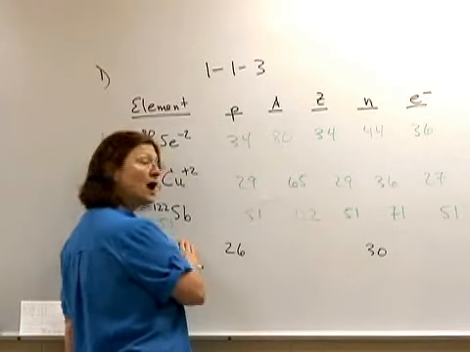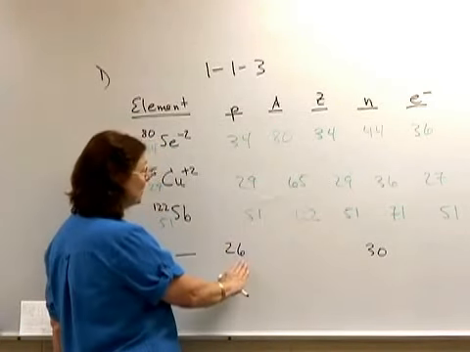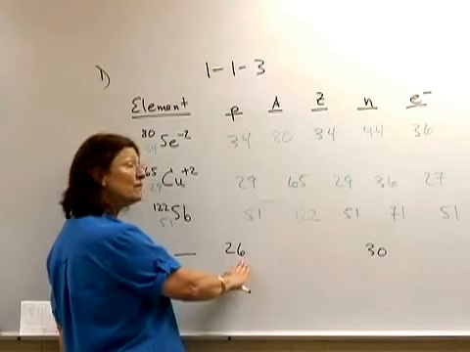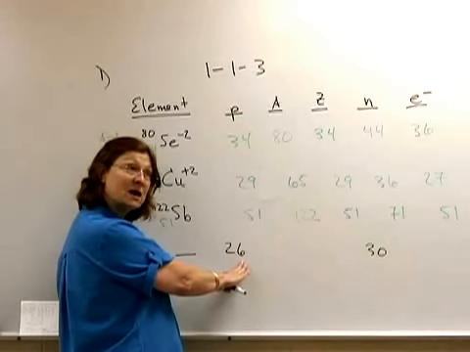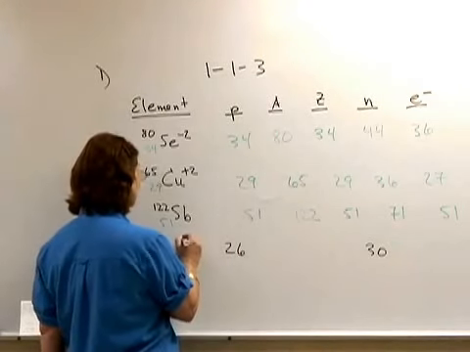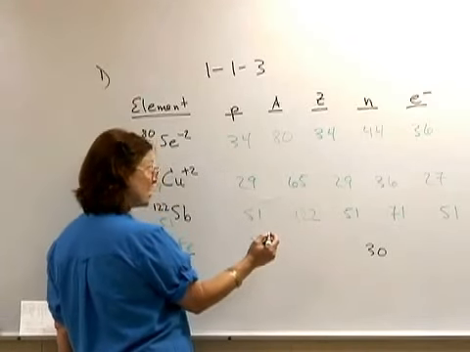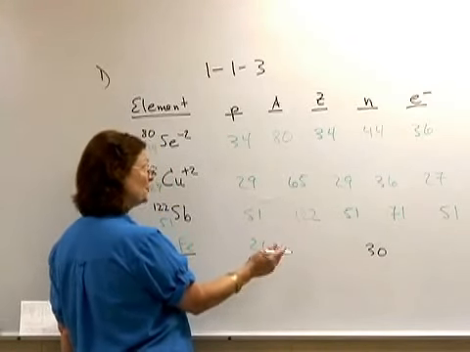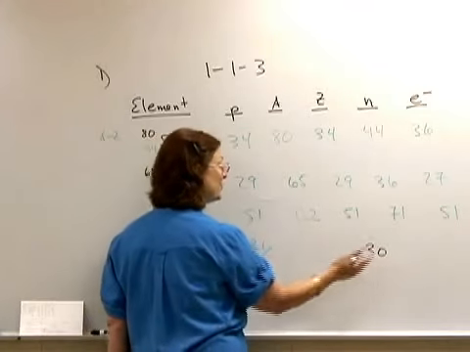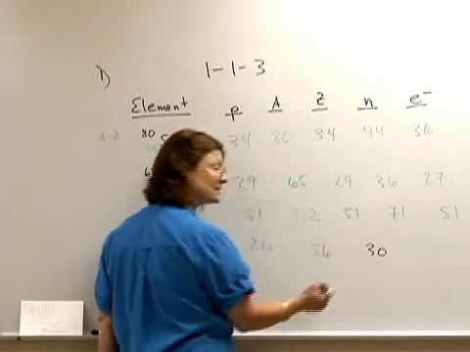In this case, we are not given the symbol, but I know it has 26 protons, and therefore it has 26 as its atomic number, and that would be iron. My atomic mass is 26 plus the 30, which would be 56.